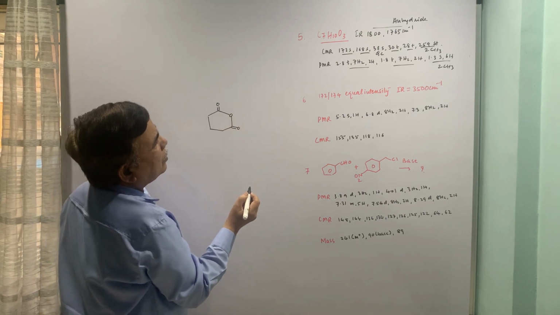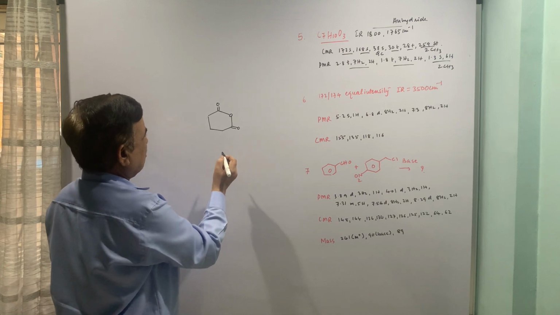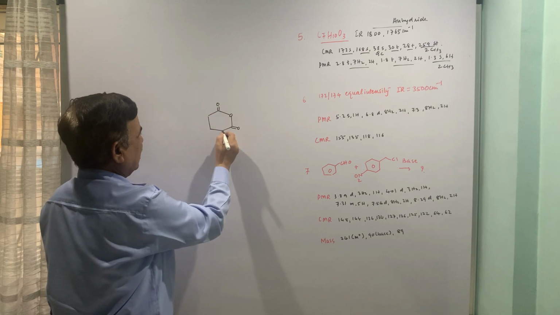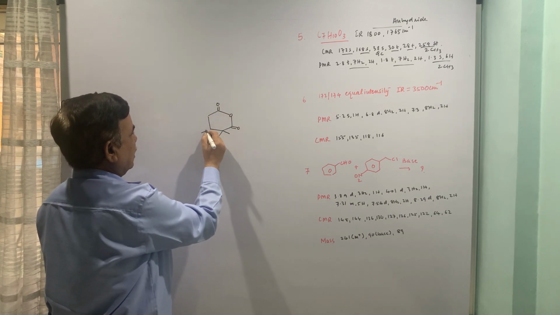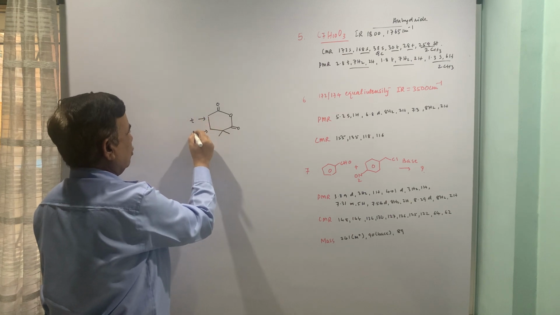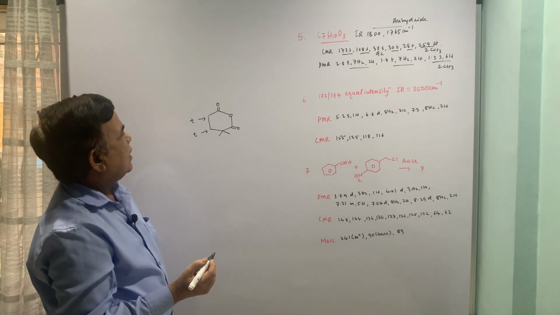The chemical shift value of the methyl is 25. So, whether I put it here or here, it is the same. And then these are the 2 triplets according to CMR.